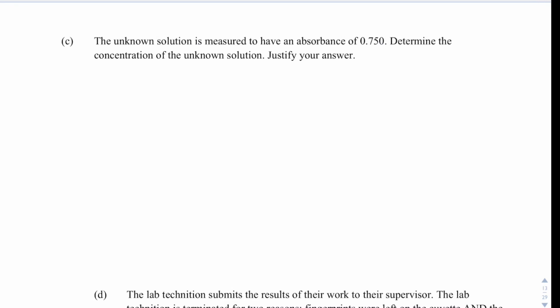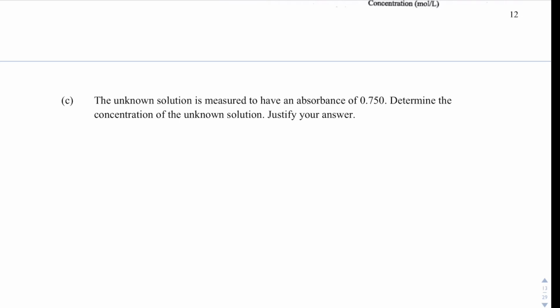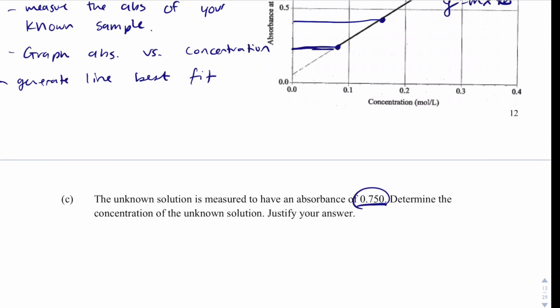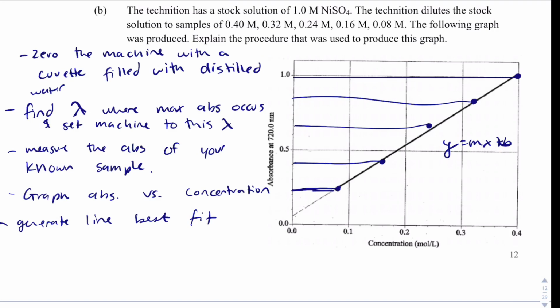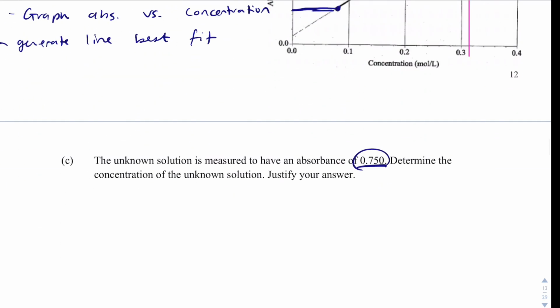So in C it says the unknown solution is measured to have an absorbance of 0.75. Determine the concentration and justify your answer. So we don't have any numbers here as far as the absorbances, so I don't know that I have a y equals mx plus b, because that's what I would normally do where we're given an absorbance. We can plug it in for y and solve for x. Here's what I would do. I'm going to do this in pink again. Here's where 0.75 absorbance is, so let's line that up. It intersects right about there, and so I'm just going to estimate this.